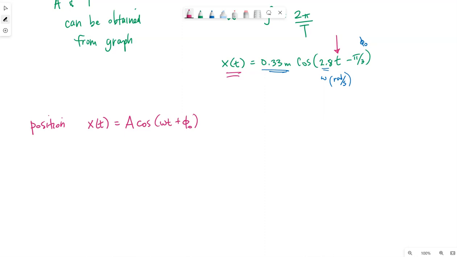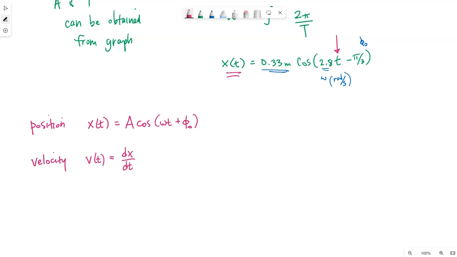Now, if we rewind our brains to early in our first semester physics class, we learned that if I have an equation for position, I should certainly be able to come up with the equation that describes the velocity. The velocity of an object as a function of time can be calculated by taking the derivative of the position of the object with respect to time.